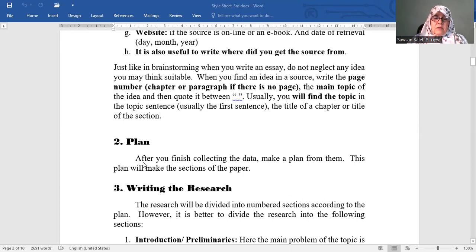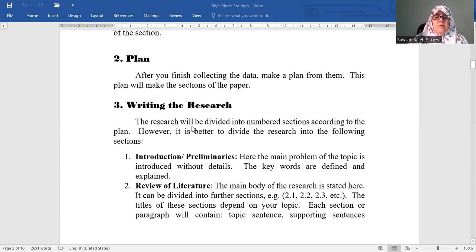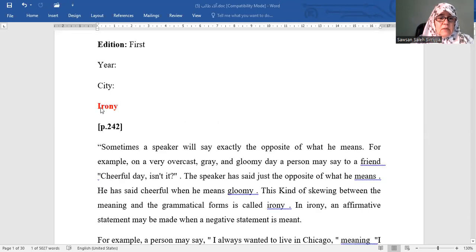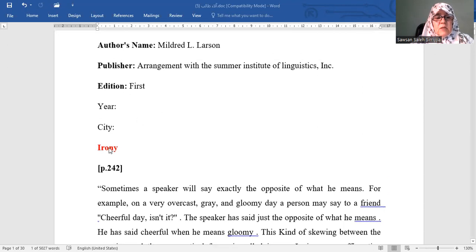Now, after you finish collecting the data, you need a plan for writing your paper. After you finish collecting the data, make a plan from them. This plan will make the sections of the paper. Yani if I go back to the example of your colleague, you see here, in this example, your colleague collected a number of, let us say, pieces of information from passages, from books, from different sources, and she provided titles for them.